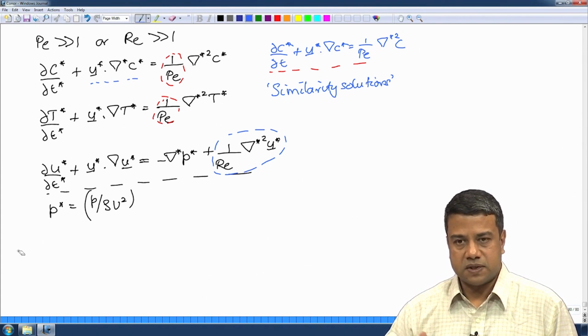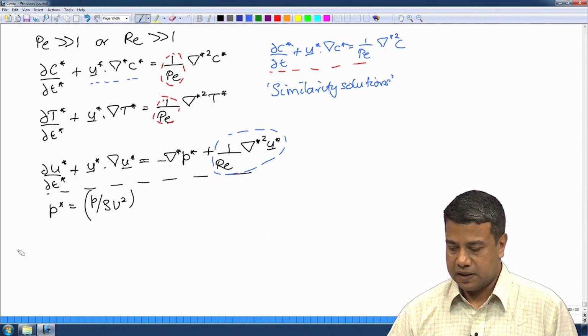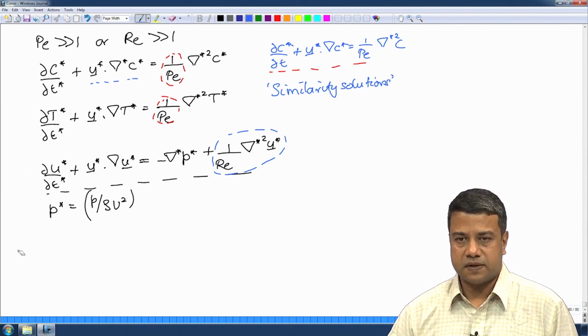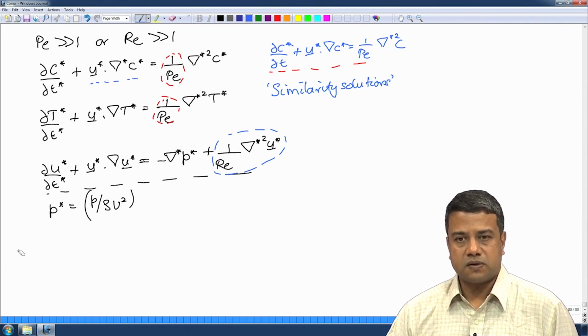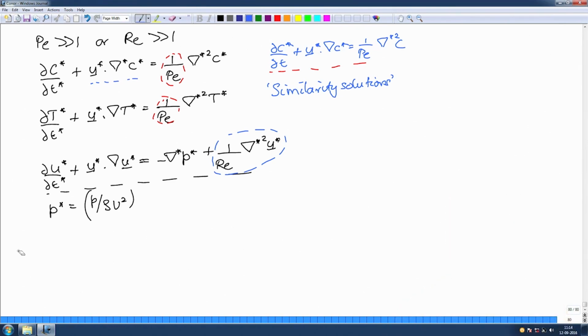In order to enforce the 0 tangential velocity boundary condition, one has to postulate a boundary layer once again, a momentum boundary layer close to the surface, whose thickness decreases as the Reynolds number increases in such a way that there is a balance between convection and diffusion in the limit of the Reynolds number going to infinity within this boundary layer. In this course, I will deal exclusively with mass and heat transfer.